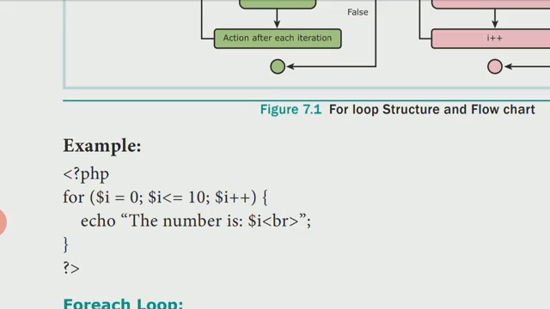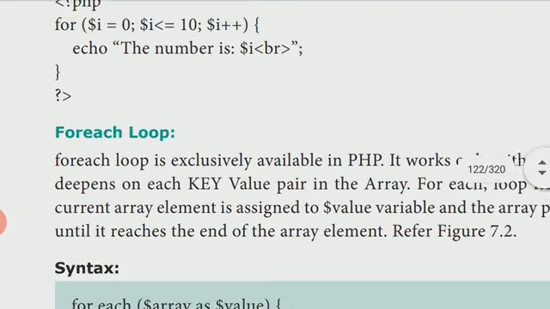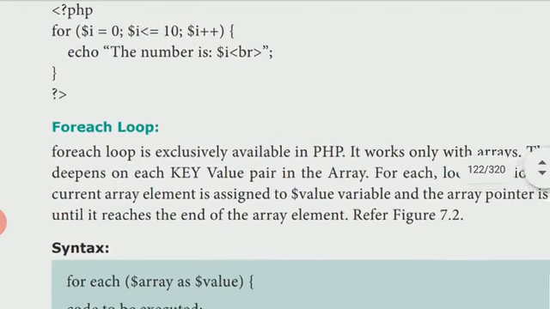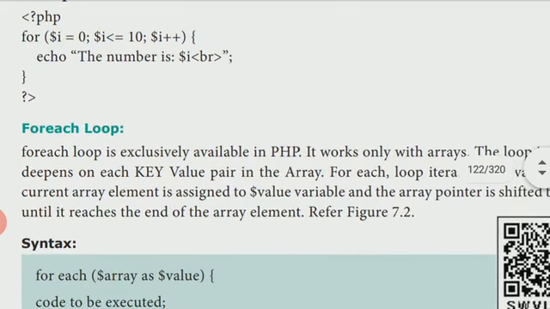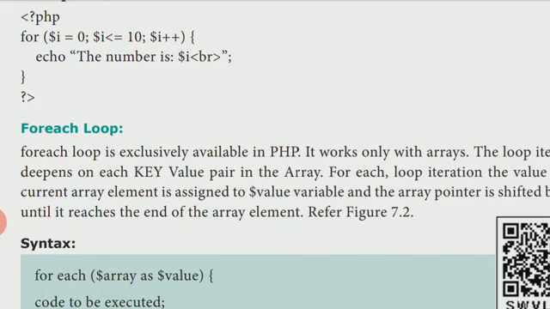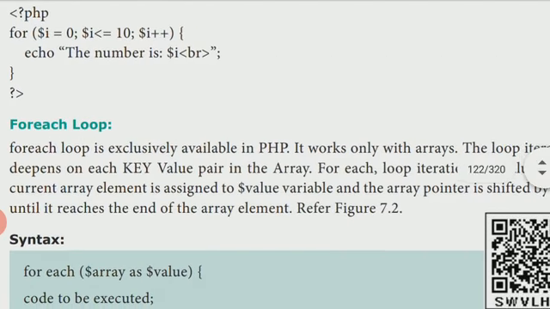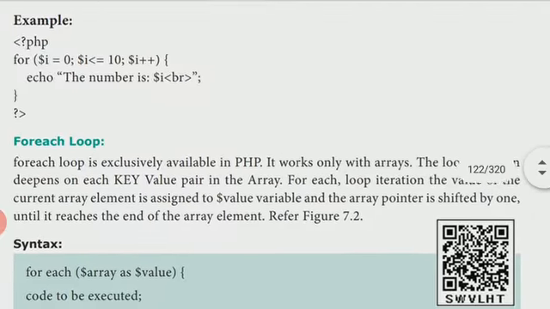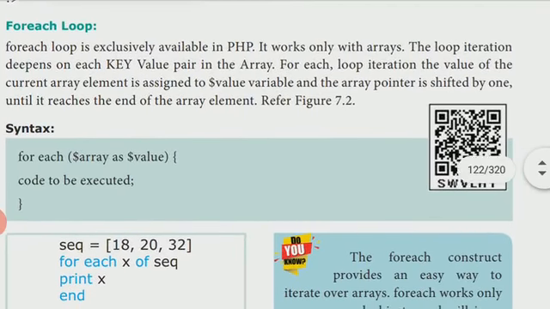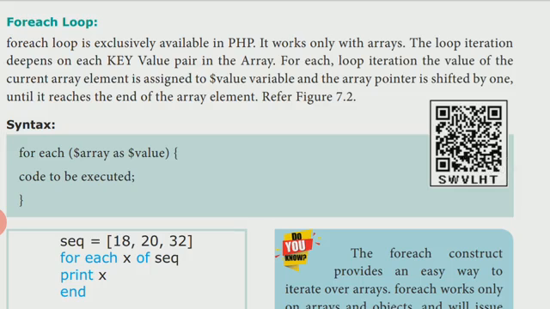Next one is the for each loop. This for each loop is used only in PHP, and not in other languages like Python, C, C++, Java and so on. We do not have for each there. We use for each to display the values in an array.